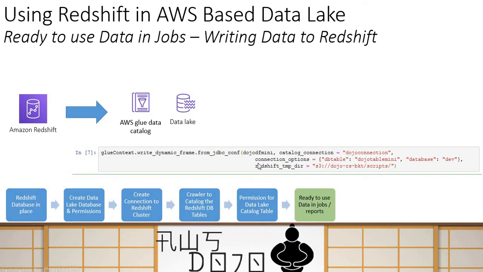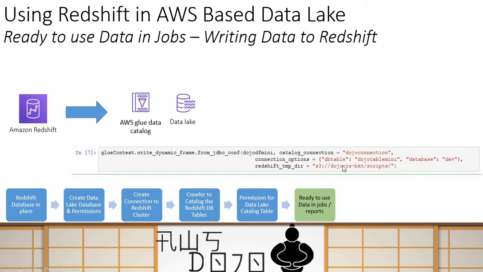In this case, we need to provide which database and which table we want to write, because now we are writing it back to Redshift. My table name is this, and that table need not exist because you're writing data back. If the table does not exist, it will create the table for you. And then you're simply saying that my database is this.